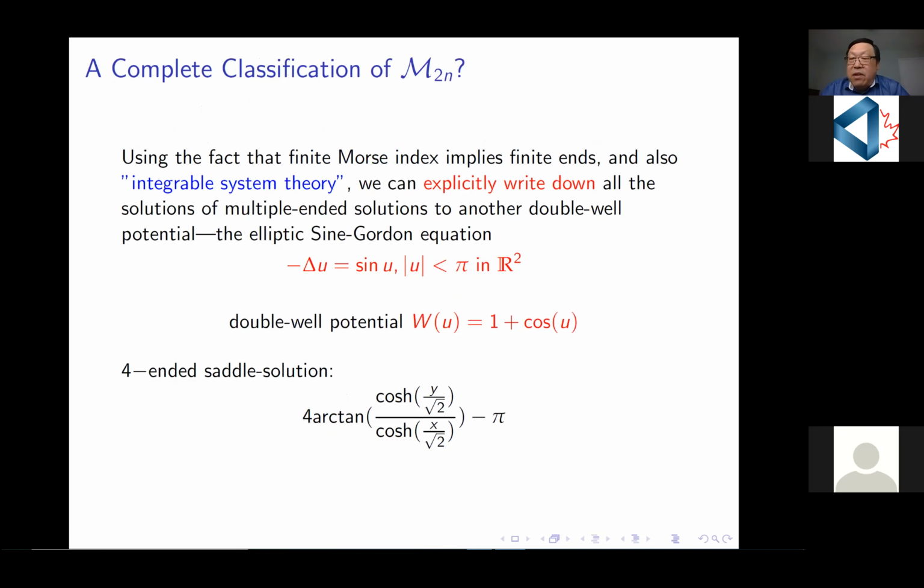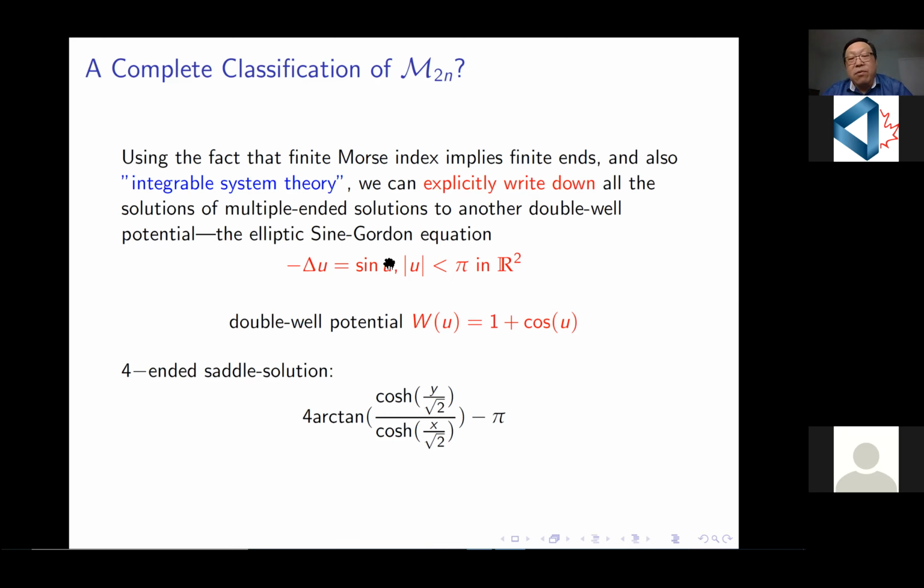Okay, so it seems that for the Allen-Cahn equation, it's difficult to give a complete classification of 2n-ended solutions. And so we ask, what about other nonlinearities, other double-well potentials? For example, we take a double-well potential like 1 plus cosine u.